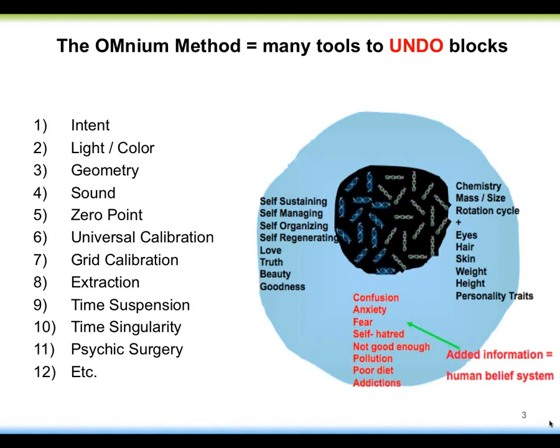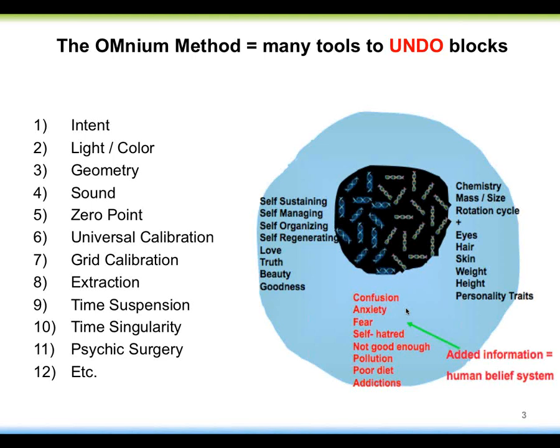You have to reconfigure it and adjust it to your individual needs. And if you really did that, you will realize that there are many things that do not require the same thing. In other words, the fact that everybody has some confusion or anxiety blocks does not mean that everybody can undo this block using intent.